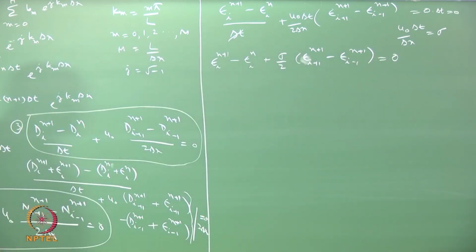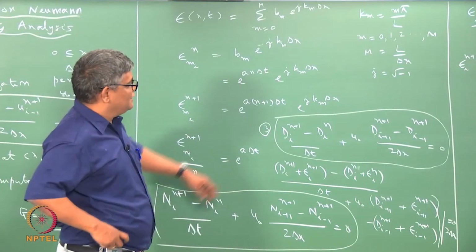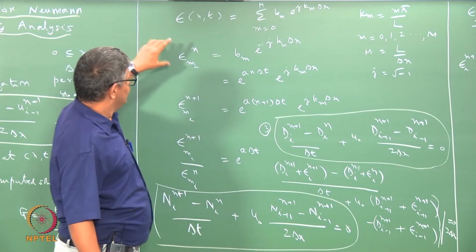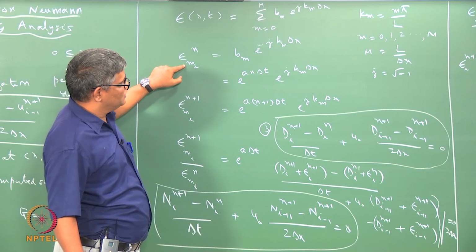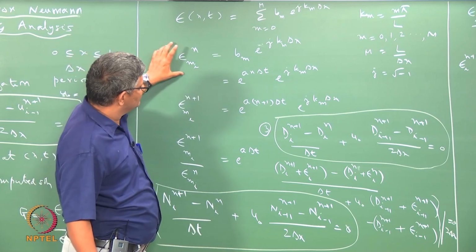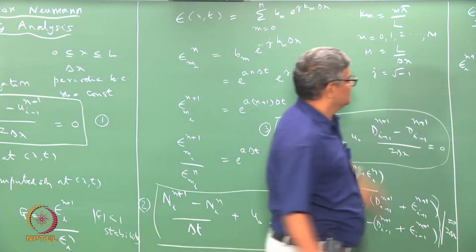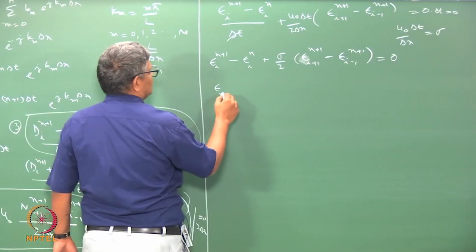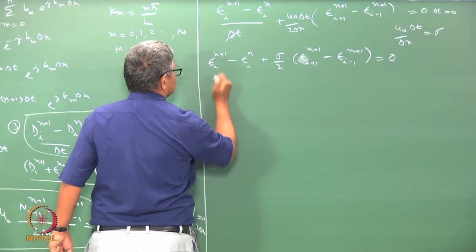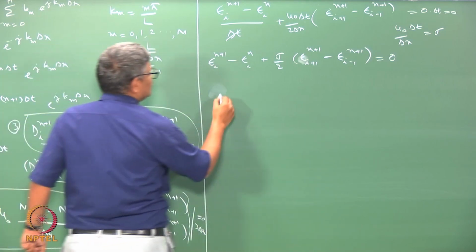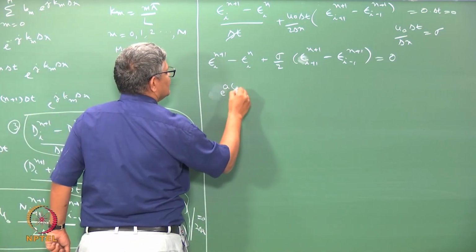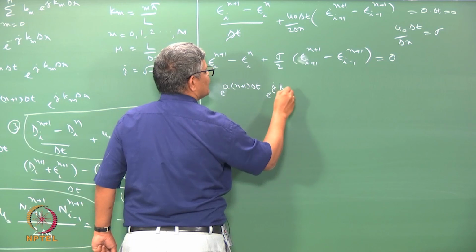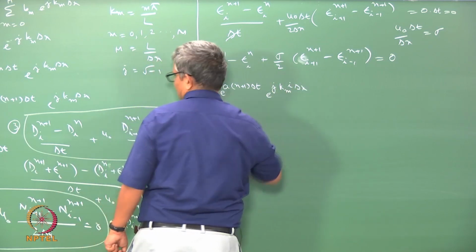So, this is the error equation here, and then this error equation is decomposed into so many Fourier components, and we look at the mth component of this here, and therefore, we substitute this form into here, and we can write this as the mth component will be exponential of a n plus 1 delta t exponential of j km I delta x.